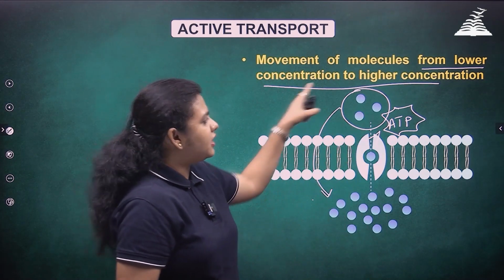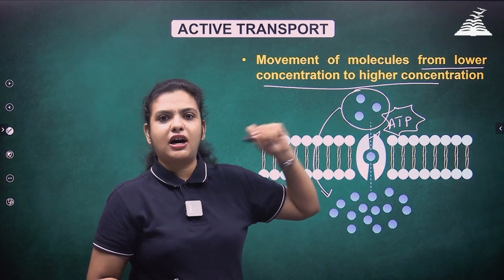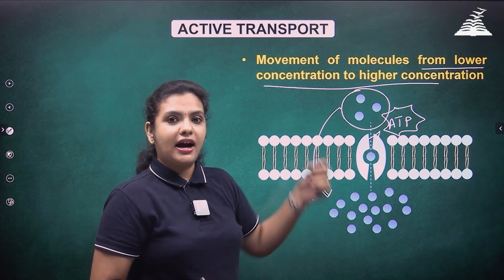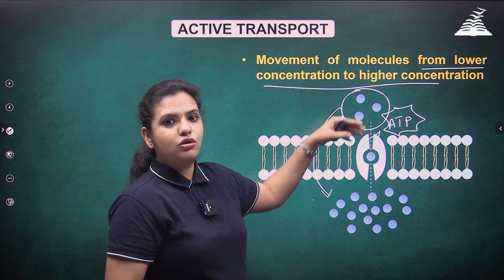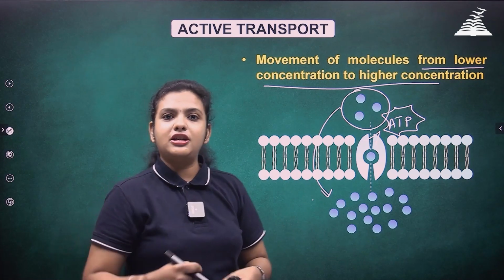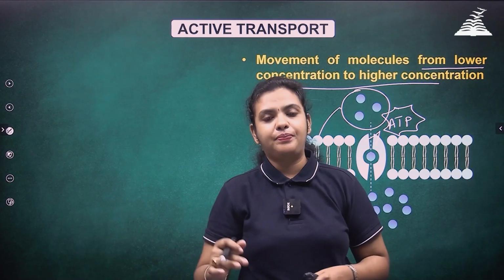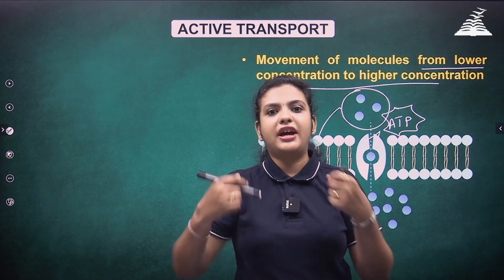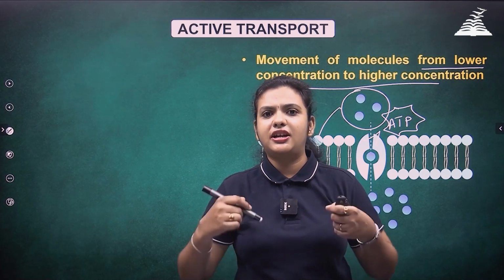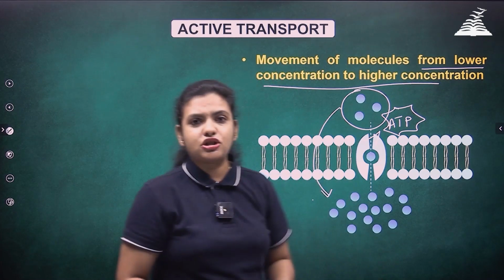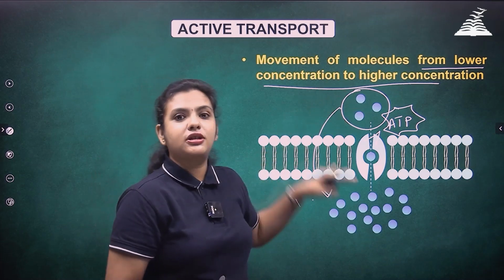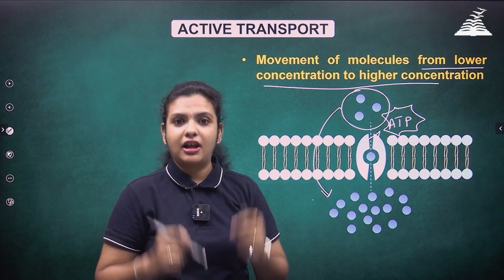Same concept here. As such, molecules are very less, and these lower molecules try to go to a region where concentration is higher. What do they need to do? They need to use energy. They need energy to push the molecules from lower concentration to higher concentration, right?